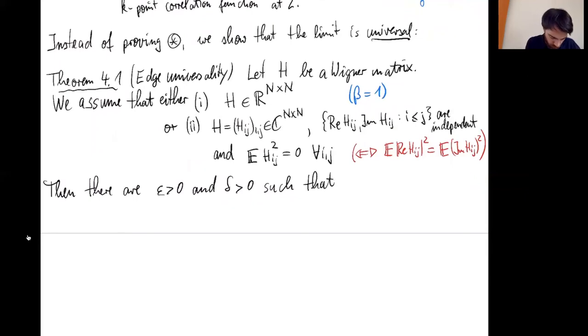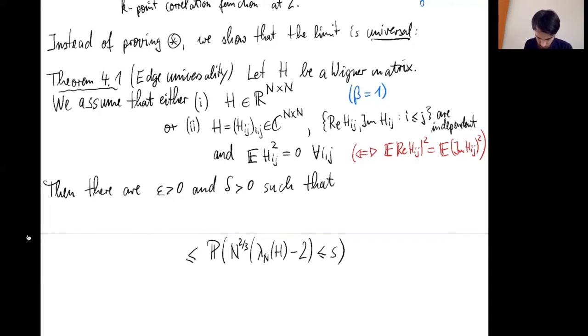What I'm interested in, let me write it here in the middle, is the probability that when I multiply lambda n of H minus 2 by n to the 2/3, this is smaller than S. Then I want to compare it with the same expression where the H is replaced by a U beta.